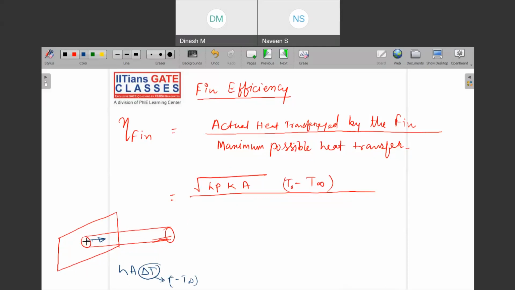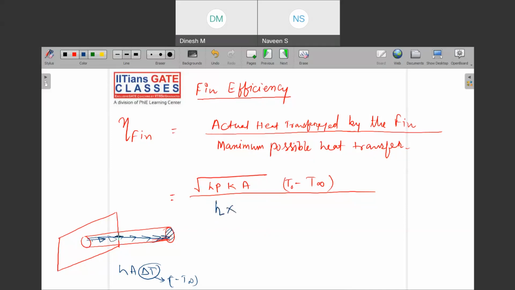But here, if I assume that every part of the fin is at the base temperature only, whereas in this direction the temperature is not the same as the base temperature, the temperature has decreased. But if I assume that all of them are at the same base temperature, then I can get enhanced heat transfer. So this is the maximum possible heat transfer, so can I write this as H into the area?